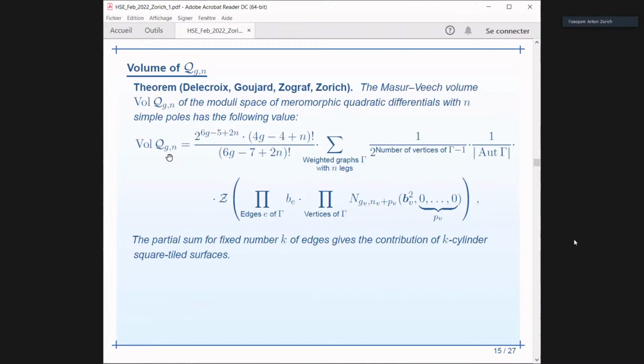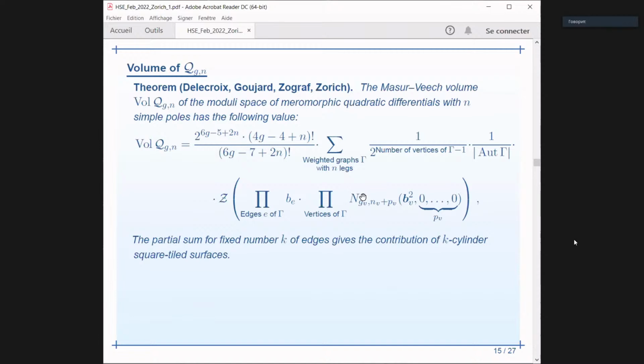So the general formula for the count of square tile surfaces of genus G with n corners is here on the slide. The only thing which is really important for me is that this is a sum of positive contributions, and the sum over all possible stable graphs corresponding to this topology.